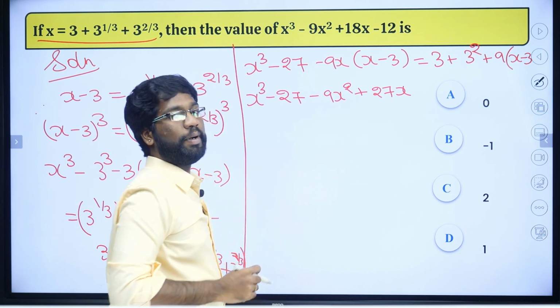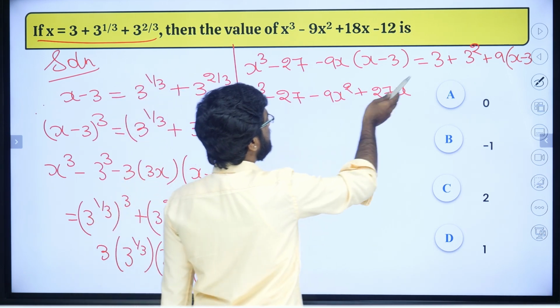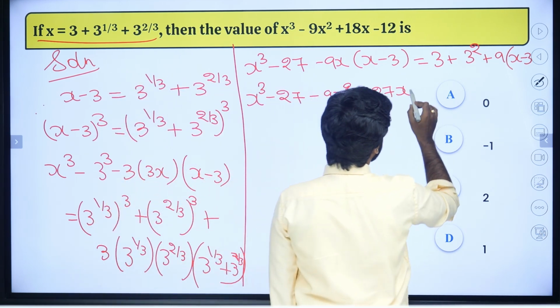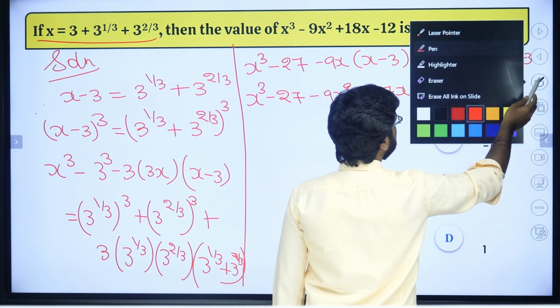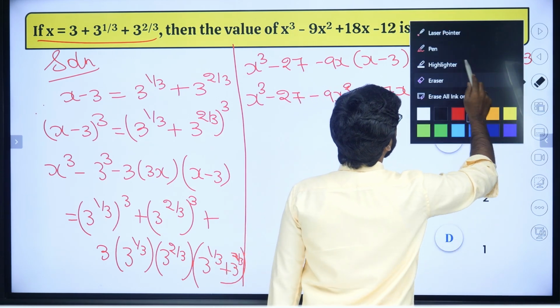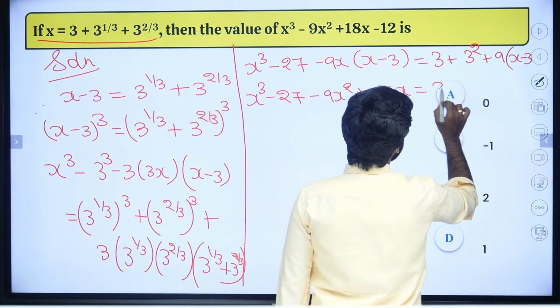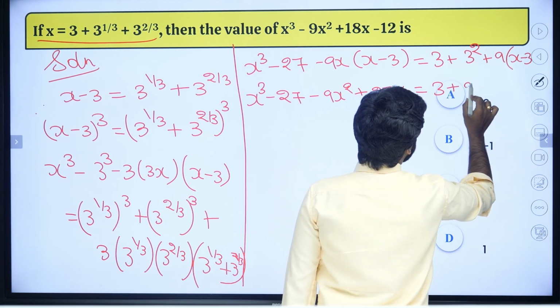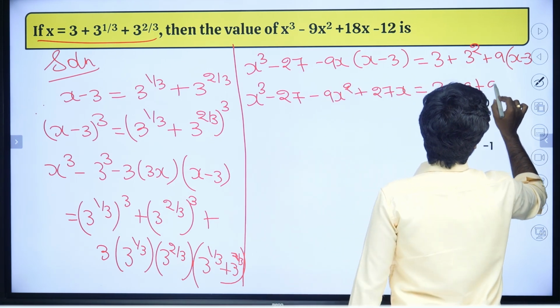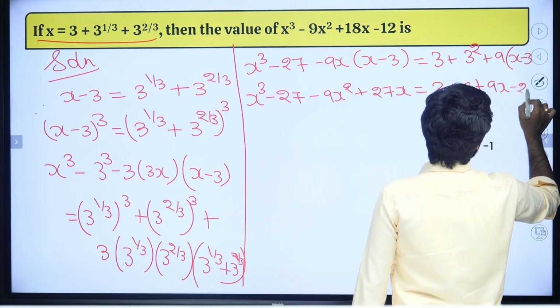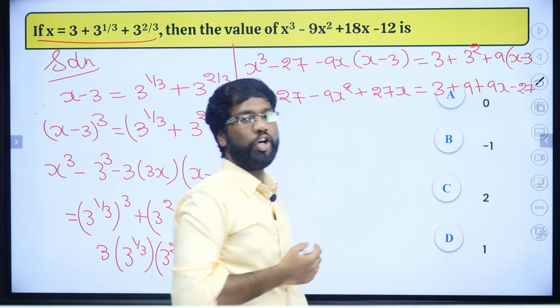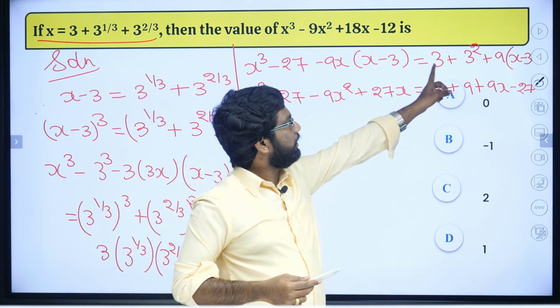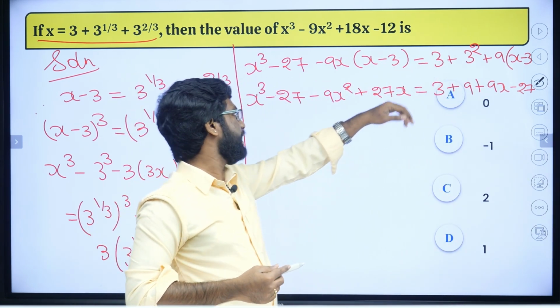Okay, my dear students, minus into minus is plus, 9 3s are 27 into x. Then equals 3 plus 9 plus 9x minus 27. Okay, my dear students, I have just expanded this side.